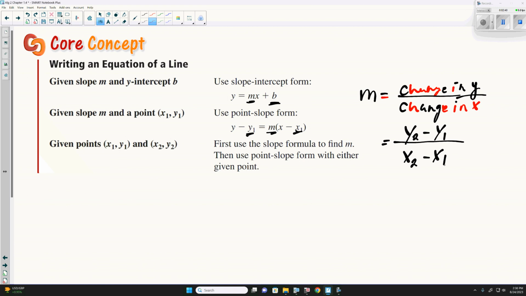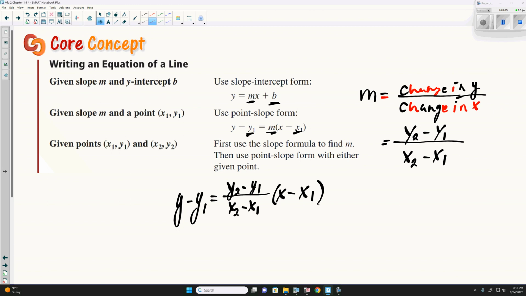Now, there is another form that we put it in, and it's two-point form. But two-point form isn't really any more useful than any of the ones that we've listed already. All the two-point form is, is that we've just taken the equation for slope and plugged it in.